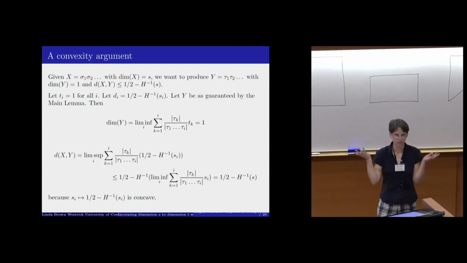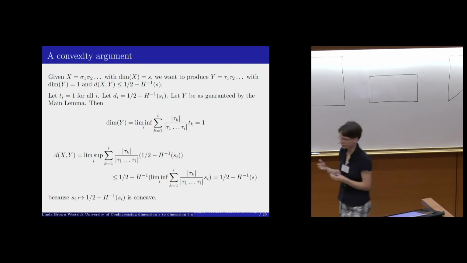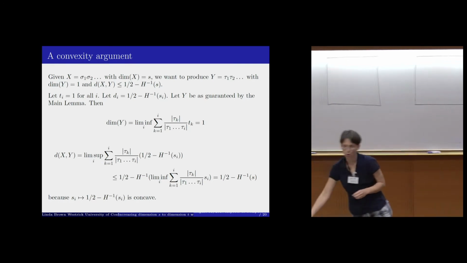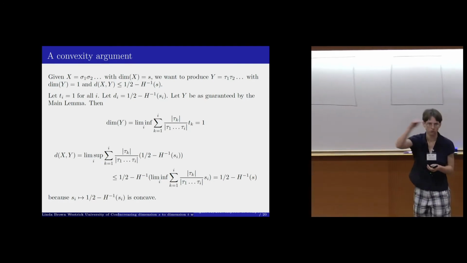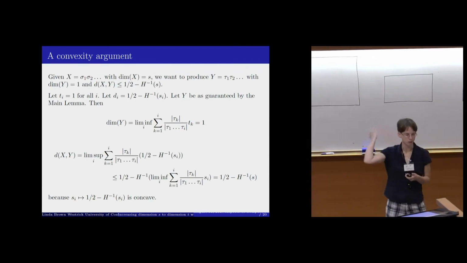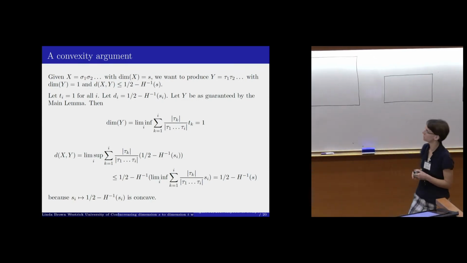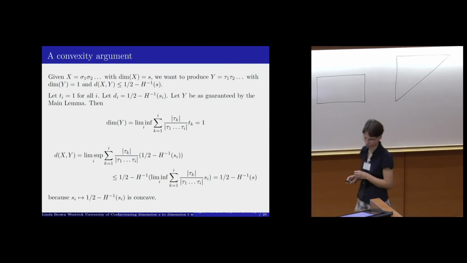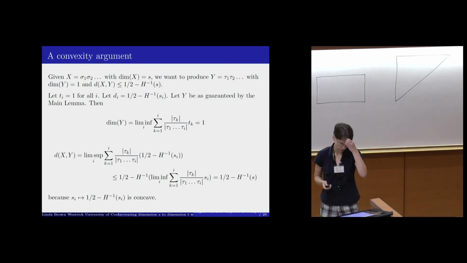Okay, so that's it. The main lemma did some work to say that we could make a y that had this property where all of the initial segments have effective dimension 1, and then we use this convexity argument to show that the densities have to be below this line.